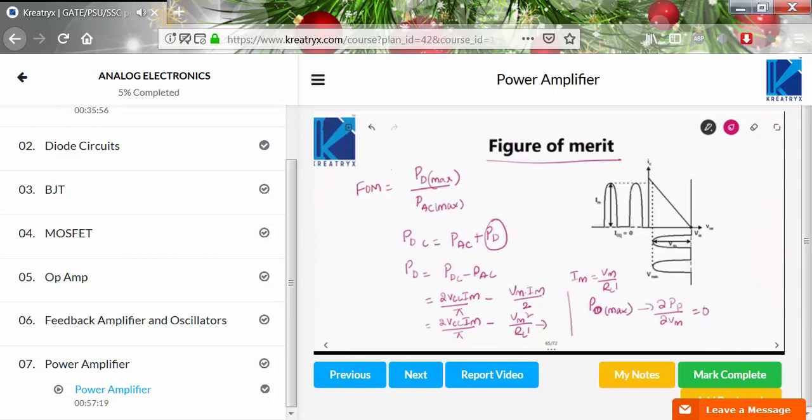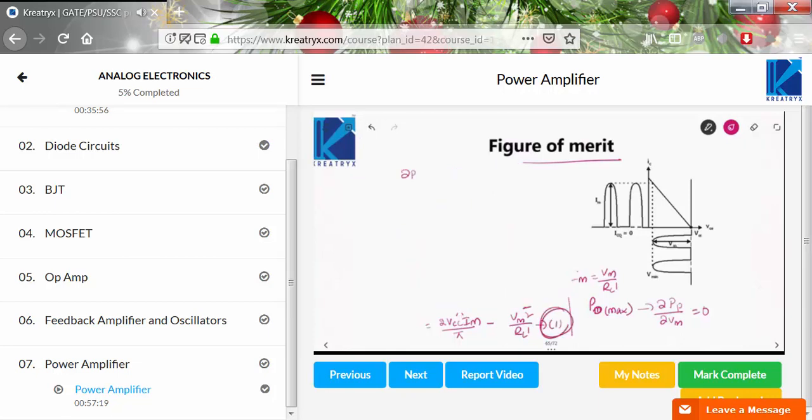Now differentiate equation 1 actually here, that is dou PD by dou VM equal to 2 VCC by pi into RL dash minus 2 VM by 2 into RL dash equal to 0.